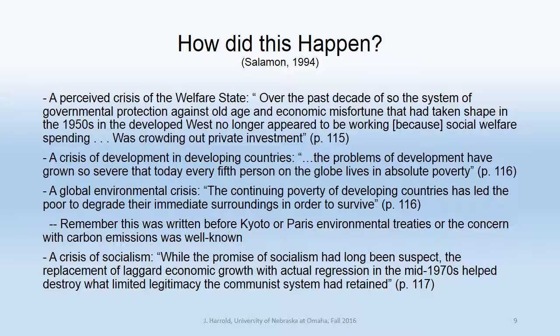So, this idea that Soviet-style communism was going to rescue the working classes was kind of debunked. And so we have these four crises, and these four crises, according to Salomon, have led to this idea that this global third sector is going to start taking on some of the role of government.